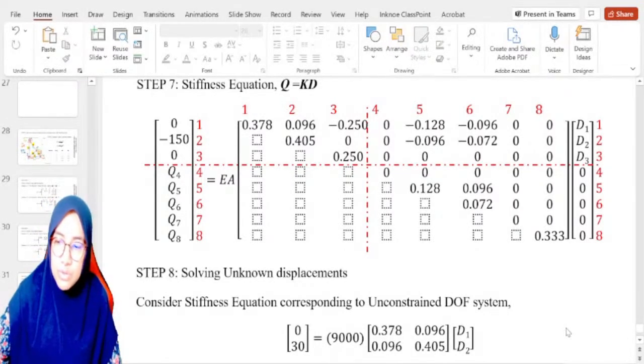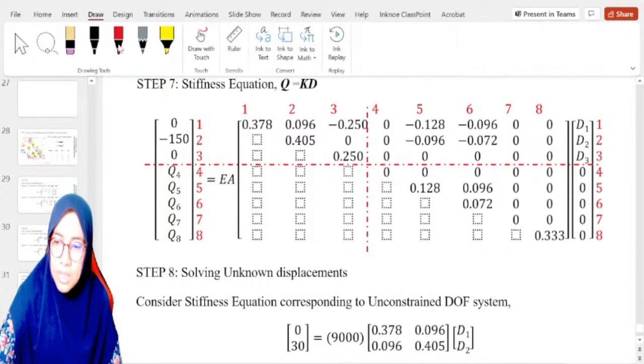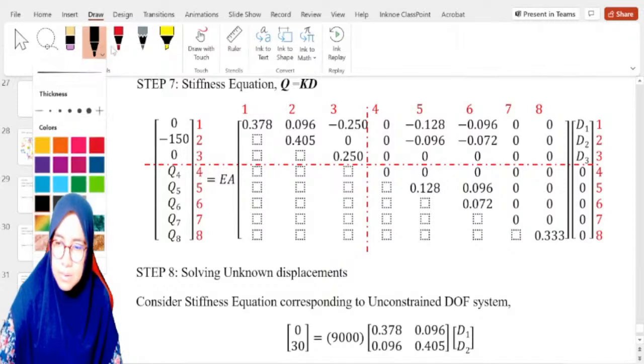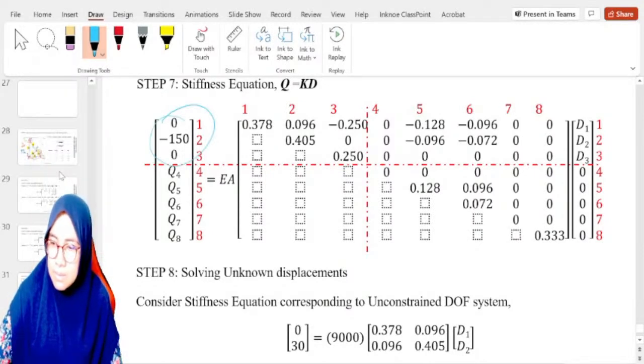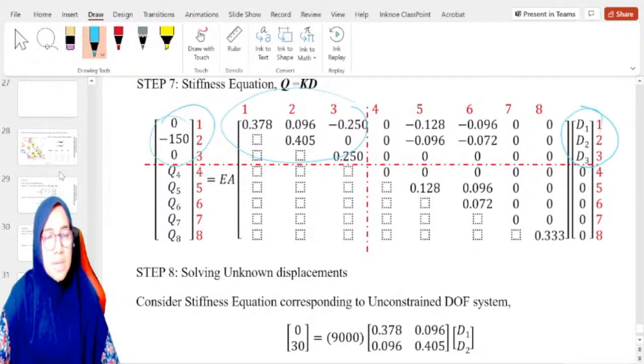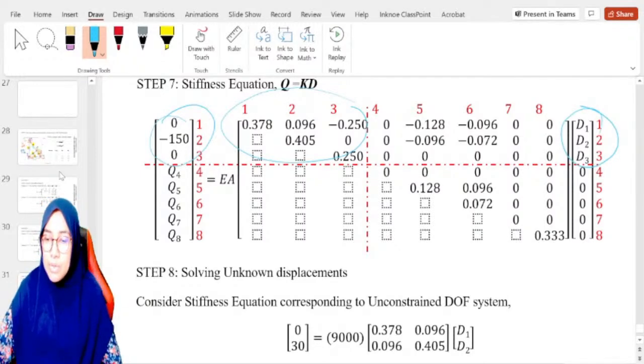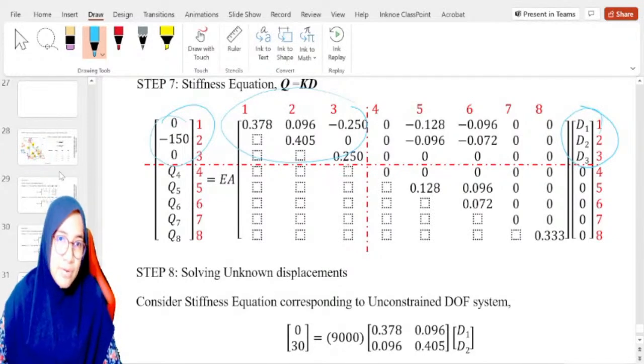I just want to show you the important part here, only this and this. So actually we don't have to write in full.